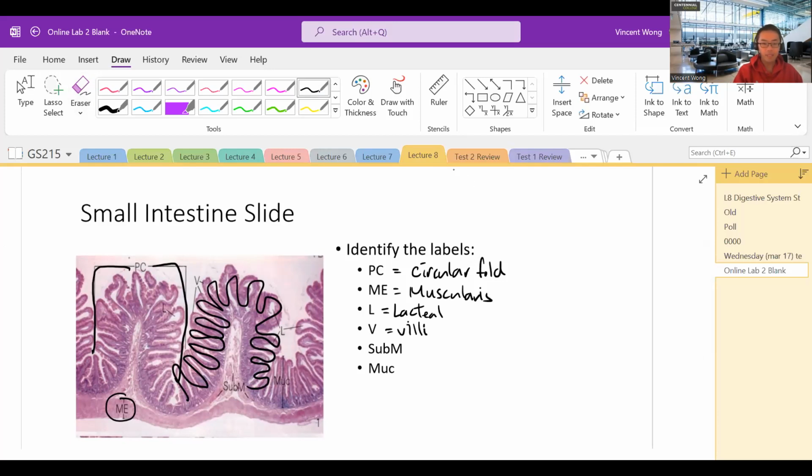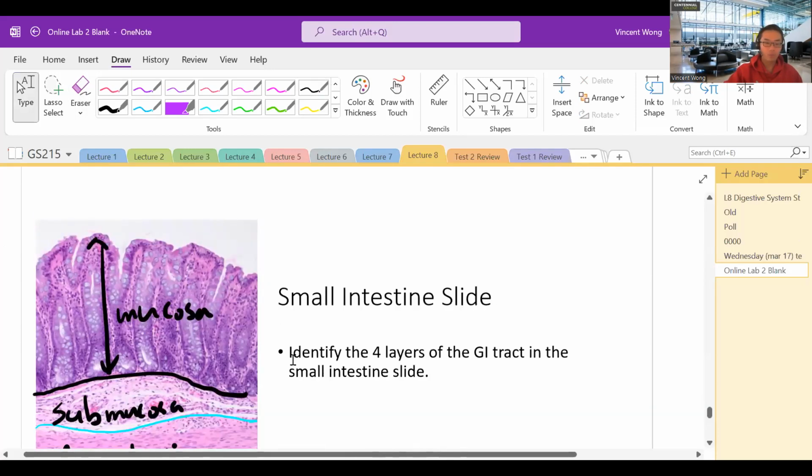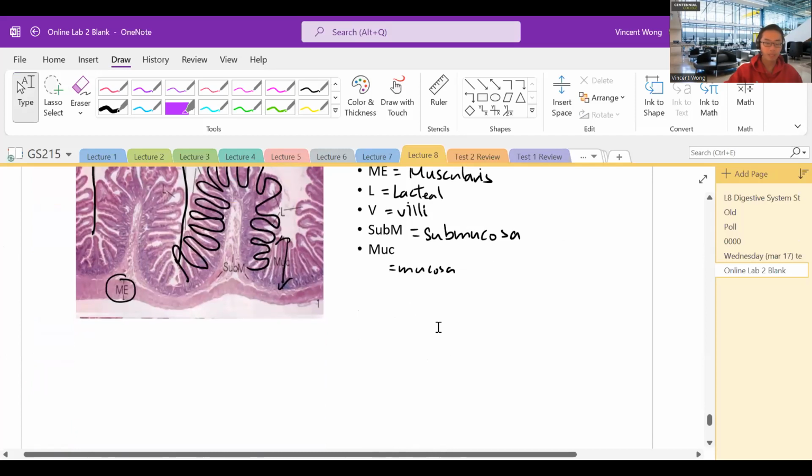Sub M is the submucosa. And this layer here, that's the mucosa. You can try to match this diagram with the previous one. You should be able to see the resemblance of the different layers.